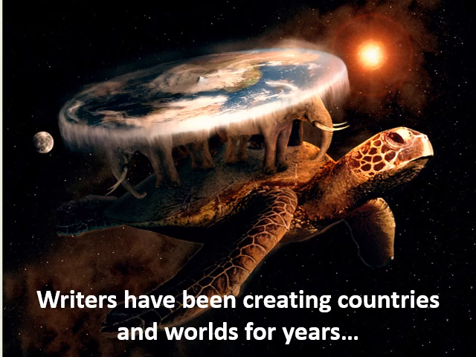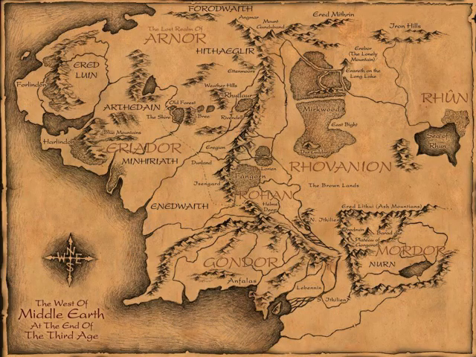So read those. He created a whole world called Discworld, which floated through space on the back of a turtle and some elephants. And this one is something I read also when I was much younger. This is The Lord of the Rings, part of the map of Middle Earth at the end of the Third Age.